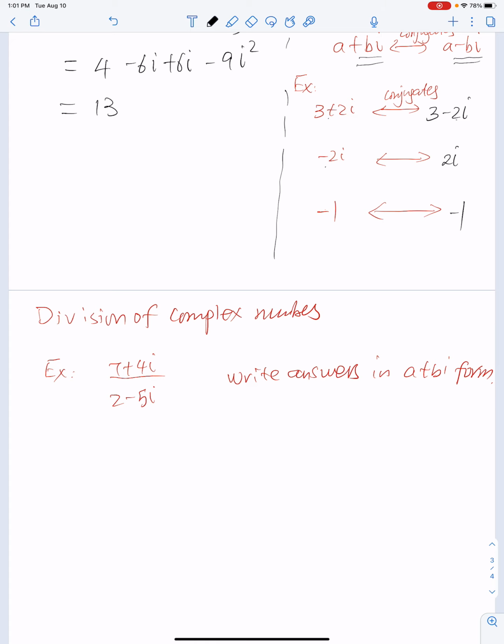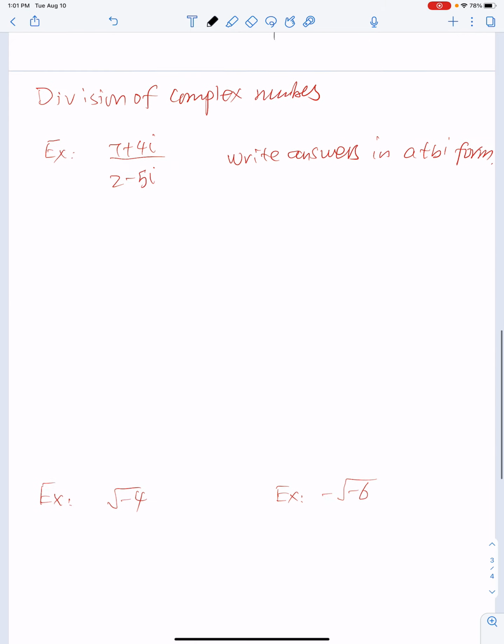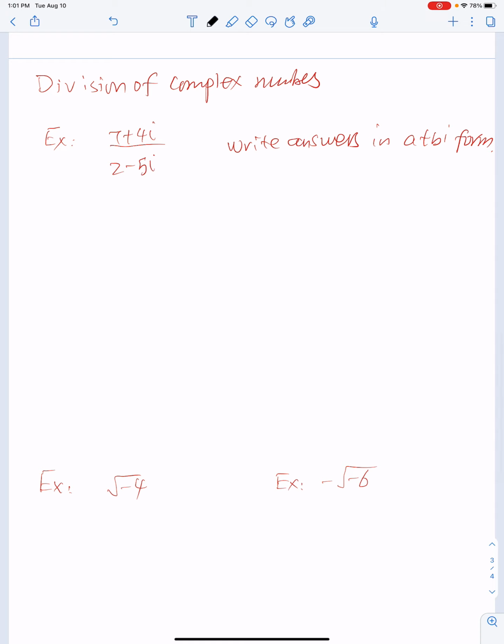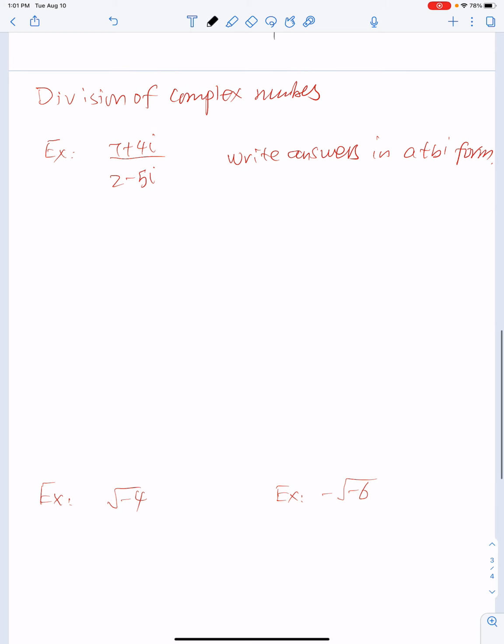Okay, so the division of complex numbers is a little bit trickier. What we have here is 7 plus 4i over 2 minus 5i. We want you to write the answer in the a plus bi form. What does this mean? We want to get rid of i in the denominator.